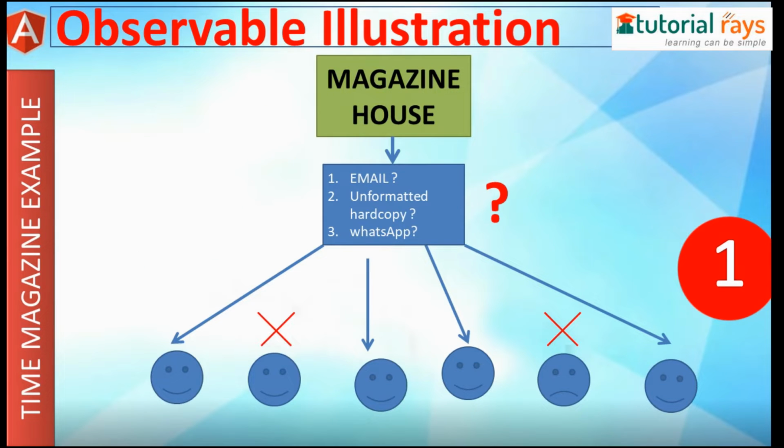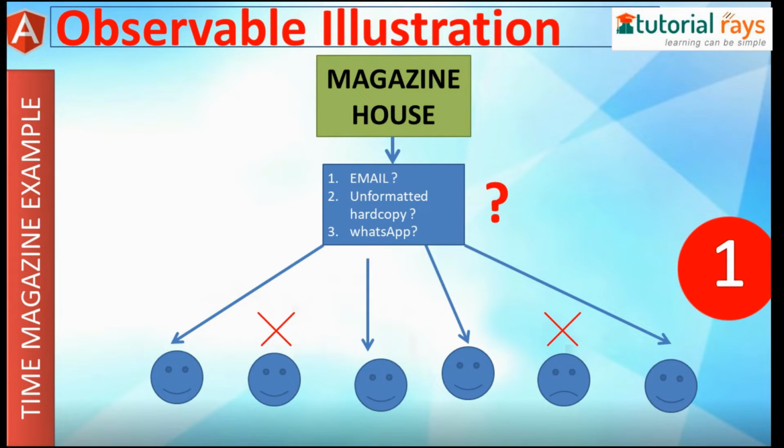Now understand it properly. Just imagine the magazine house has received the data in three formats, right? Email, unformatted hard copy, and WhatsApp. So the magazine house has received data from its journalists in three formats.